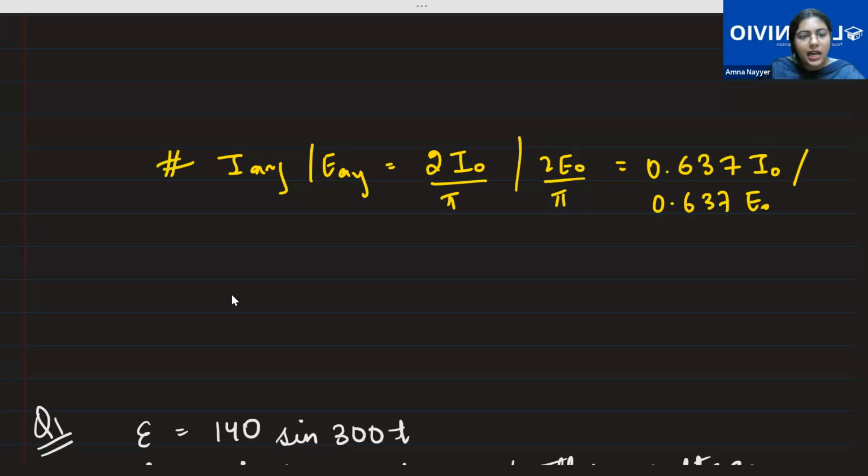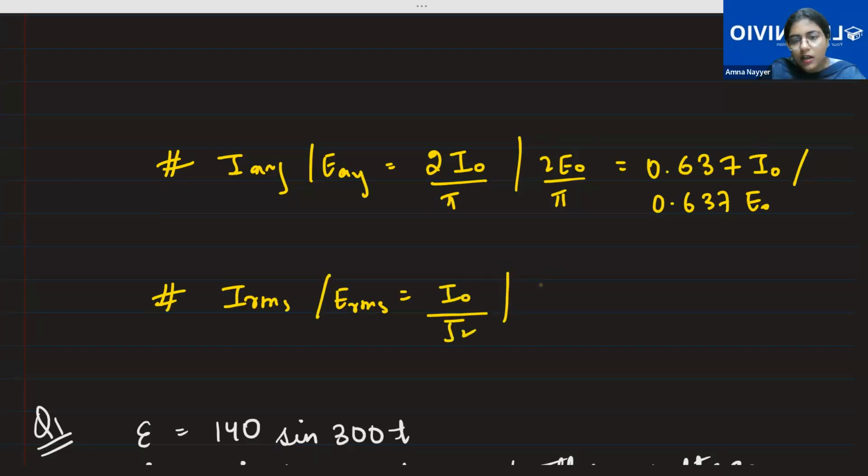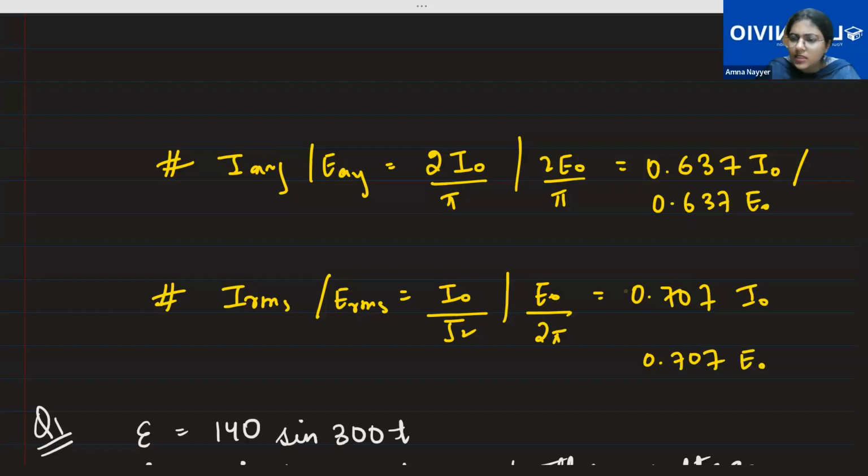Now, similarly for I RMS or E RMS, this is I naught divided by root 2 or E naught divided by root 2. When I'm putting the slash, I hope you're getting whichever is asked. Okay, this is 0.707 I naught or 0.707 E naught. So remember this, calculations will be better.